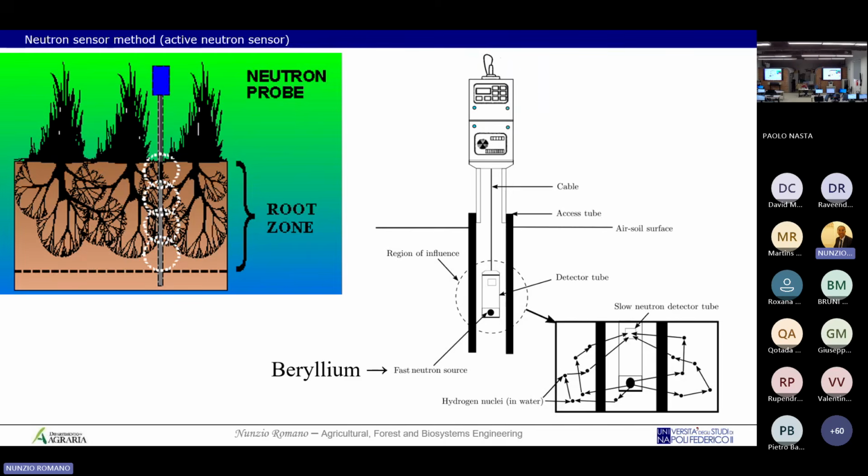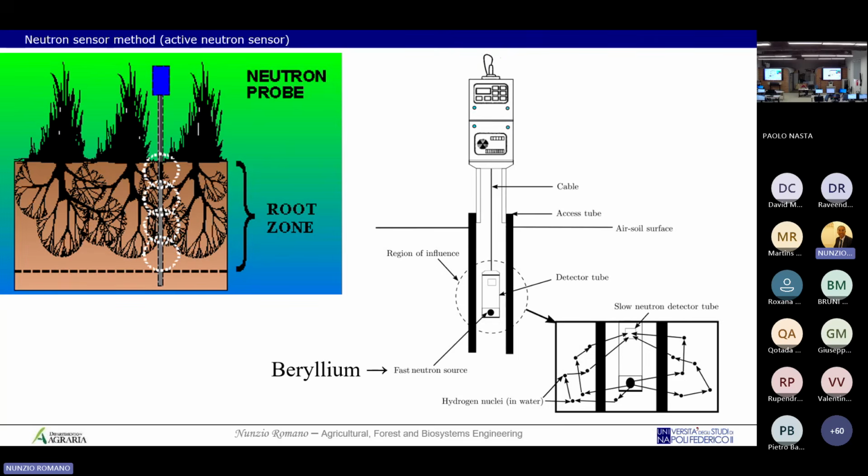I worked a lot with the active neutron probe. Very easy. I show you that there is a probe that you put in an access tube, and there is an atom of beryllium that produces fast neutrons that impact against the hydrogen in the water around the probe.